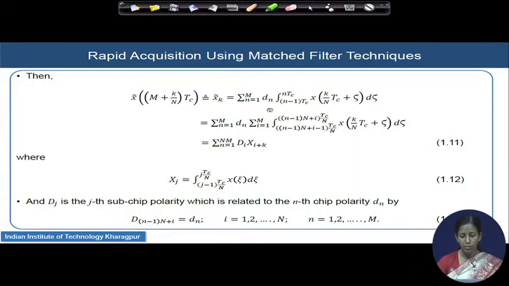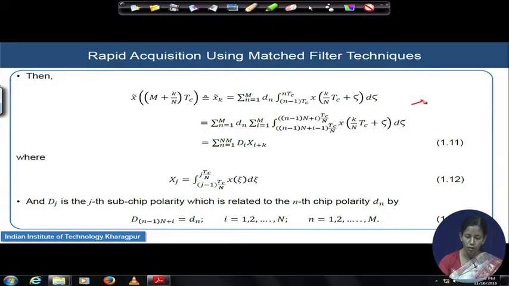Now consider a situation where, when the acquisition is going on, we are not really talking about a whole chip duration, but about half chip duration, 1/4 chip duration. So there is a concept of subchip levels. In acquisition or during synchronization, we talk about the subchip levels.